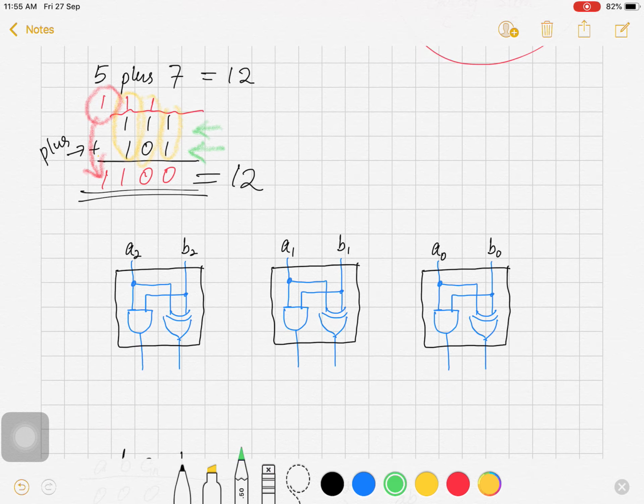So A is 101. And B is number 7, which is 111.